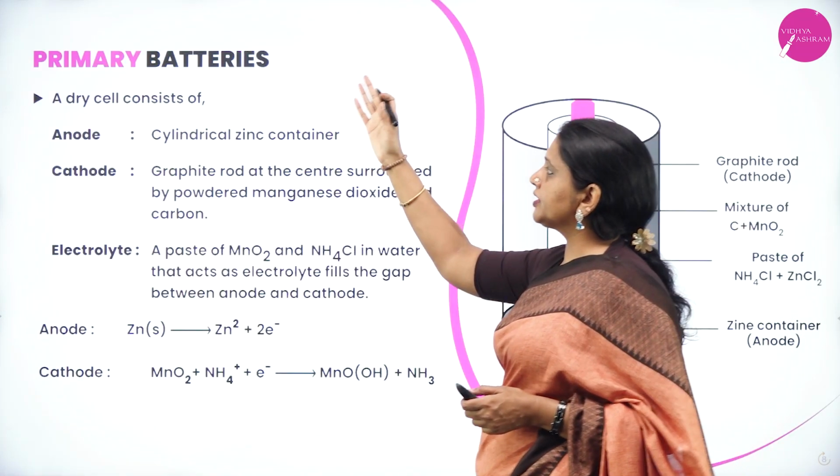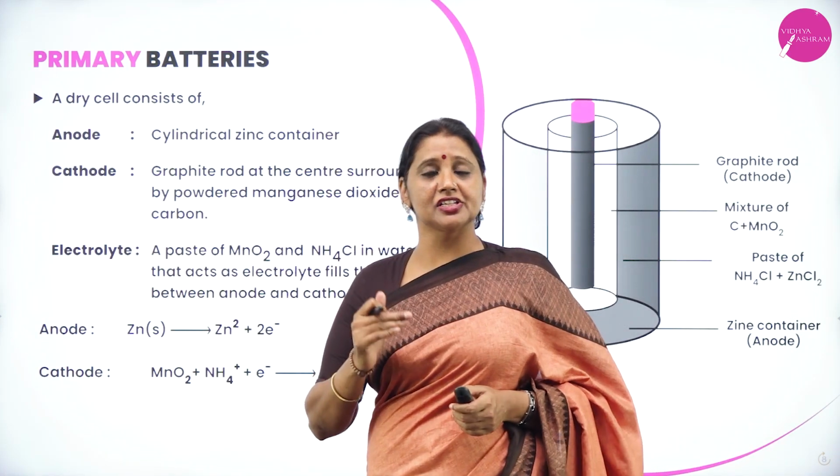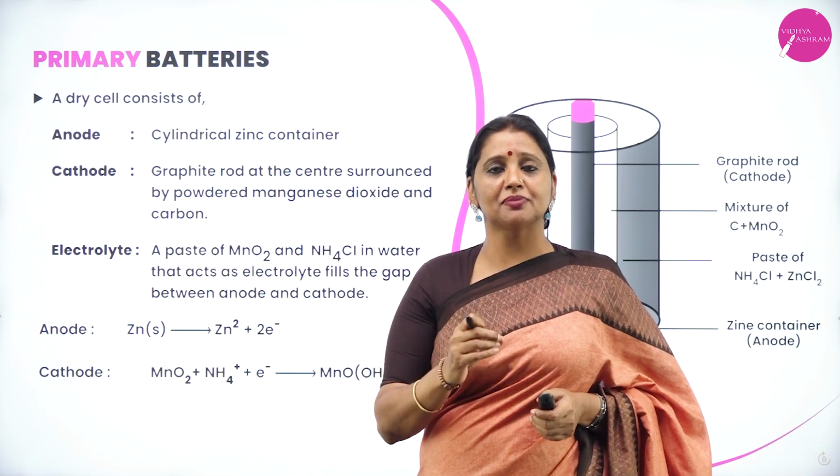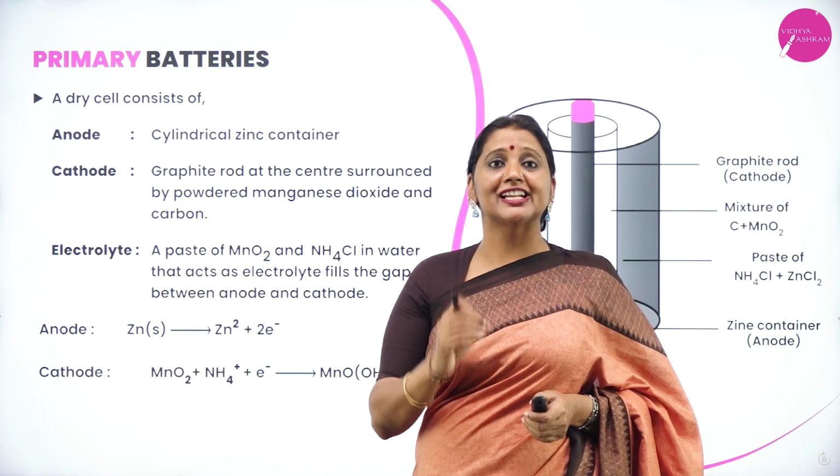Now I am going to explain primary batteries. The very good example for a primary battery is the dry cell.